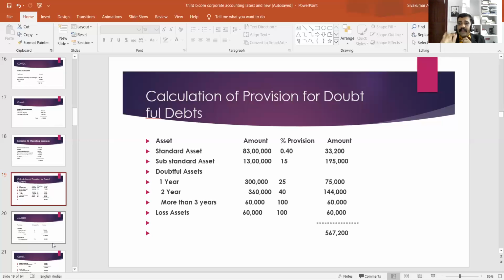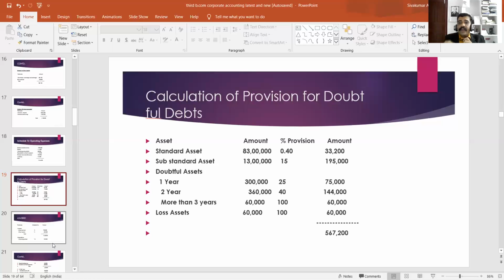If an NPA exists for a period not exceeding 12 months, then that type of NPA is known as substandard asset.